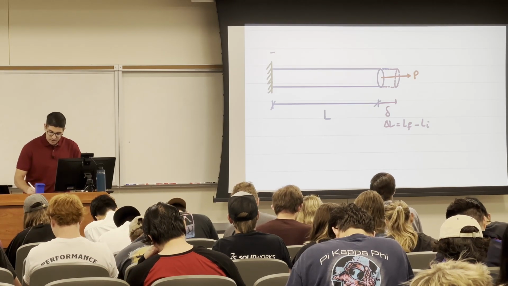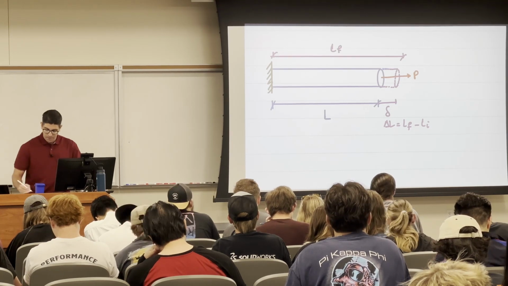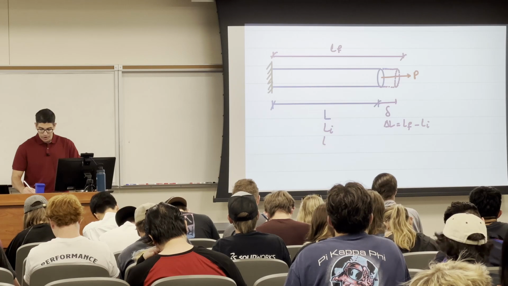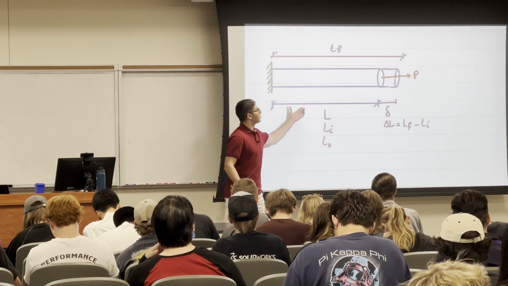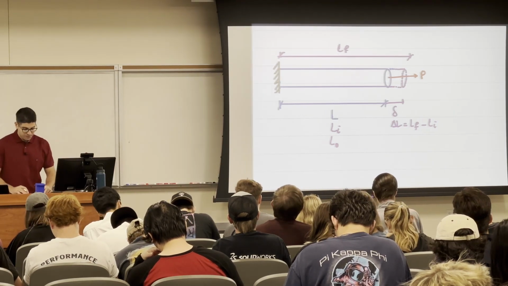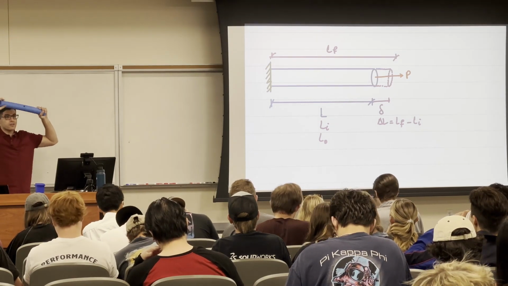So L final is this whole thing, which is the length after deformation, minus L initial, or L naught, which indicates that this is the original length of the bar. So if I have a member, I elongate it, you have a delta.